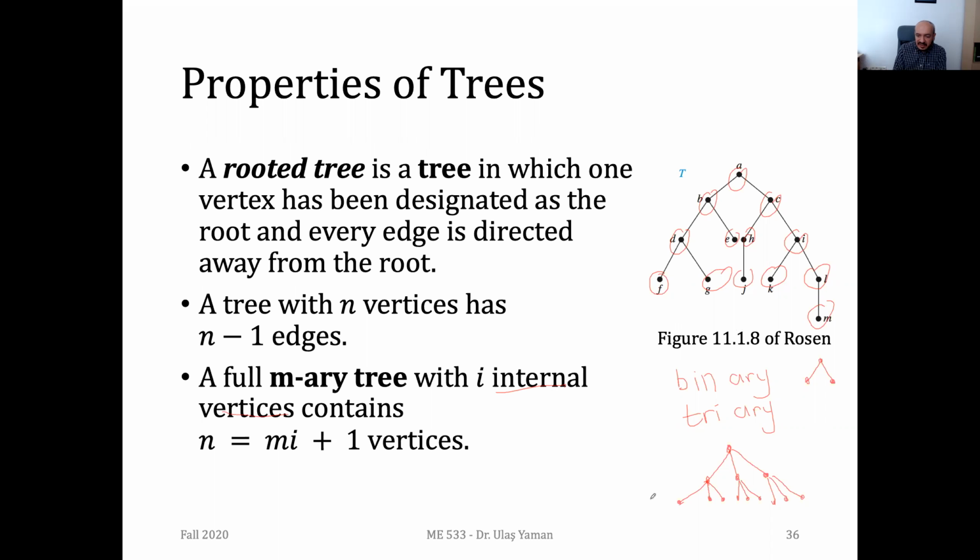The ones at the end are called leaves. You will see in a moment that these are the leaves of the tree. These are leaves, and the rest are called internal vertices.